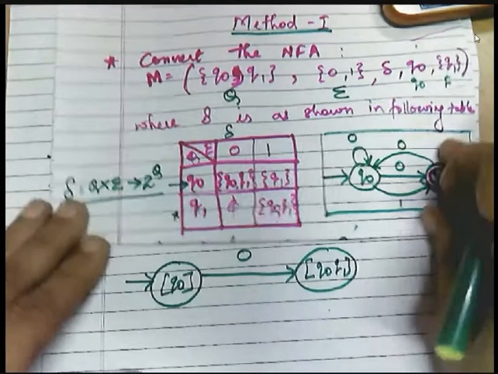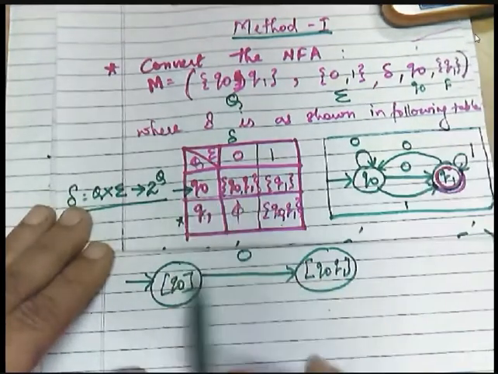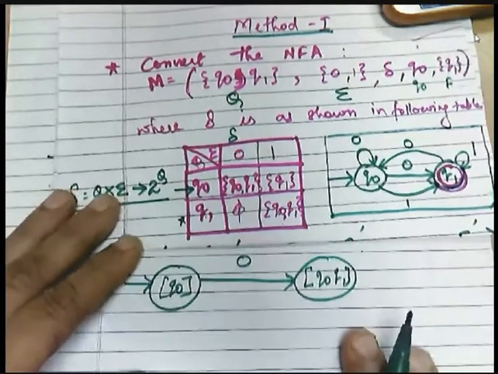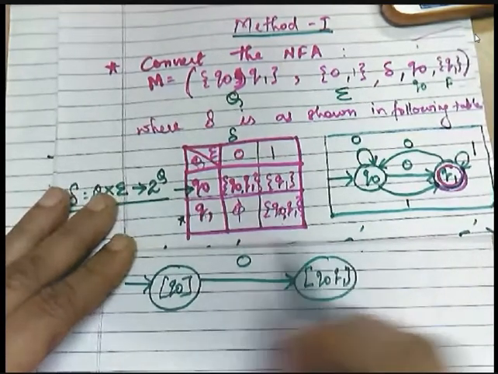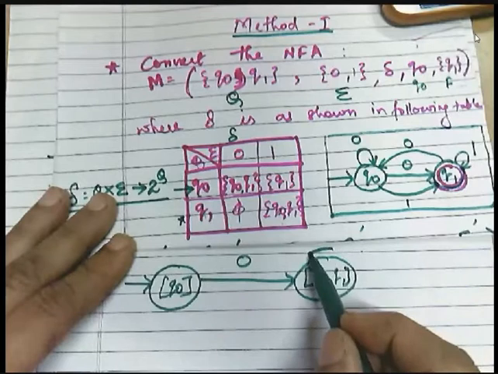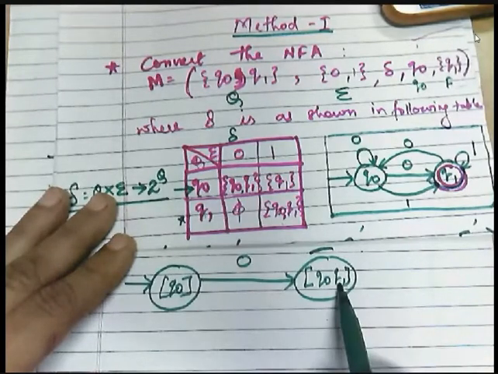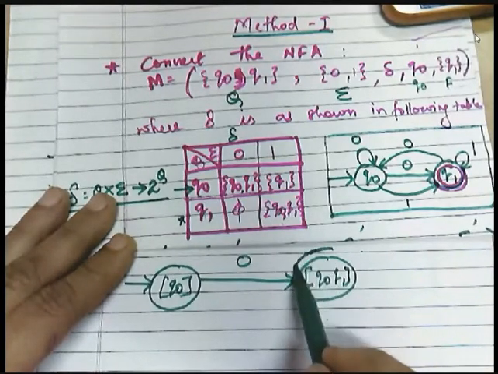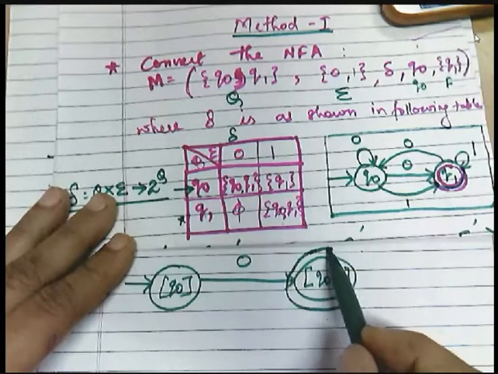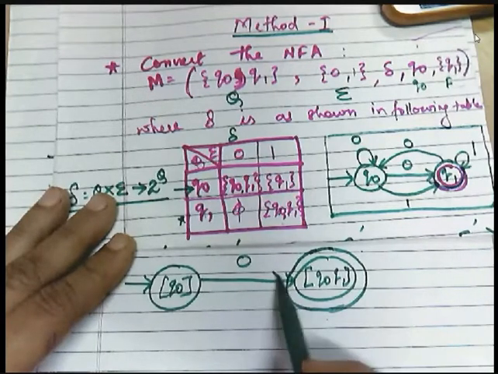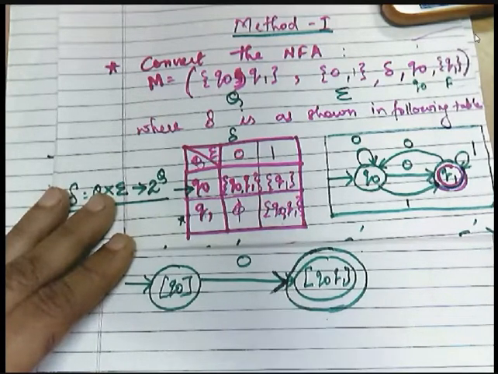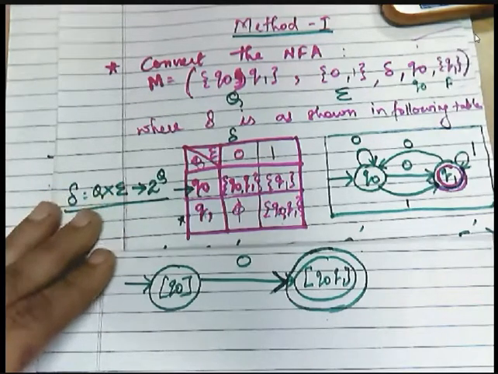What I have done is just represented this entry directly with the help of square brackets. Since it has Q1, a final state, immediately I will make it a double circle to indicate that it is a final state.